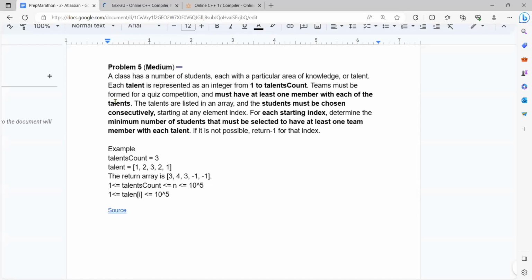If n is up to 10 to the power 5, you cannot go n square, because n square will be 10 to the power 10 operations, 10 to the power 5 into 10 to the power 5. So you need to be less than n square. For 10 to the power 5, n log n is the worst time complexity that is allowed. So if your answer is n log n or better, like O of n linear, then your approach will solve this problem. You will not get TLE.